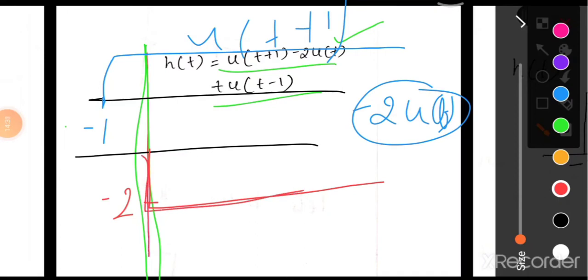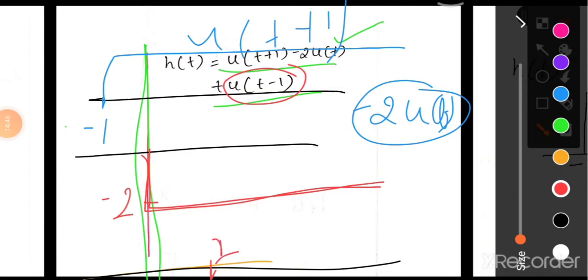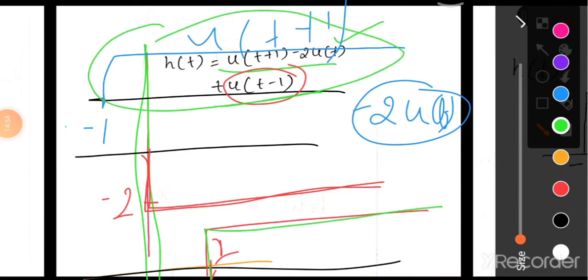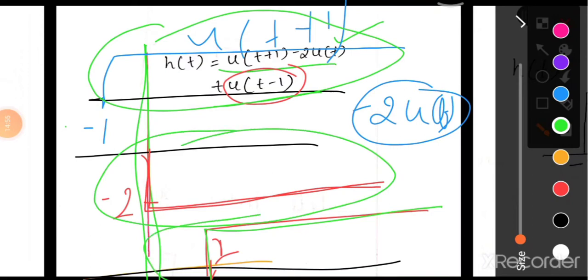Minus 2 u of t. What about the third signal? It is u of t minus 1, which means t equal to plus 1. So this third signal starts from plus 1. See, this is your first signal, this is your second signal, and this is your third signal.